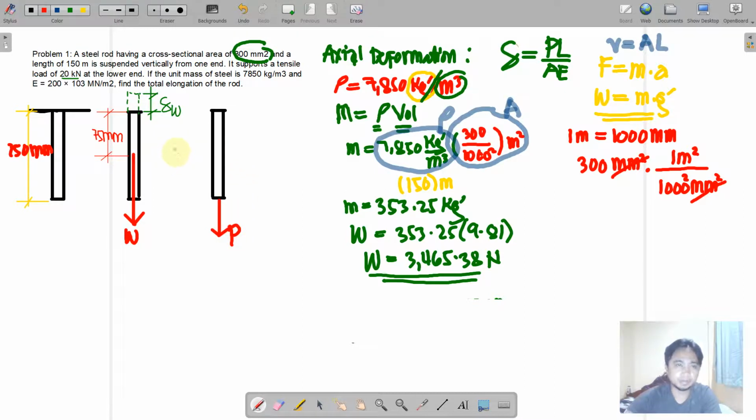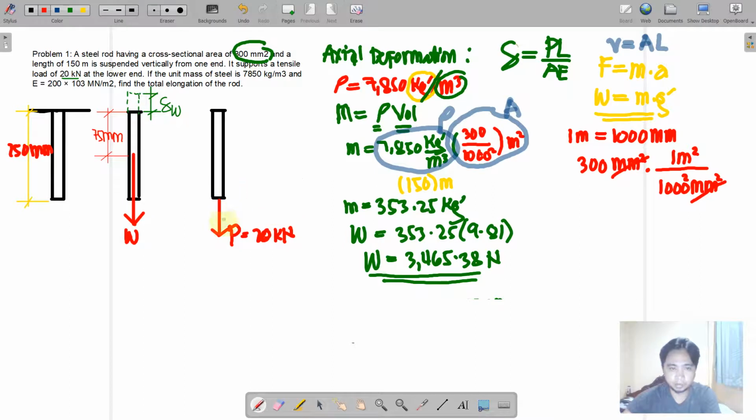So this time, if we subject this rod into force equivalent to 20 kilonewton, the entire length now is subjected to stretching or elongation.